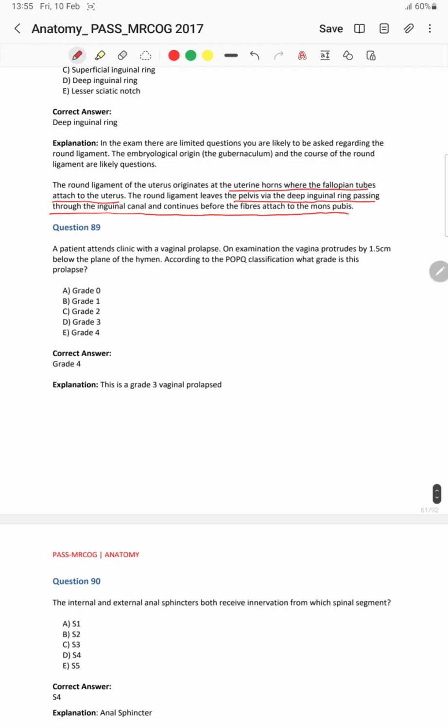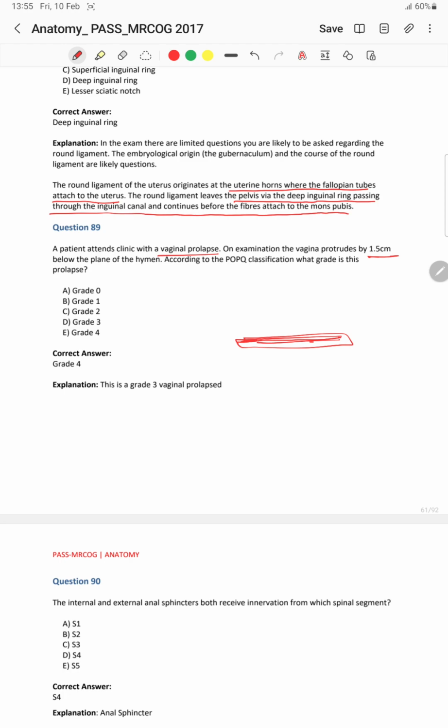Question number 89: a patient attends a clinic with vaginal prolapse. On examination, the vagina protrudes 1.5 centimeters below the plane of the hymen according to the POP-Q classification. What is the grade of the prolapse? We know that the hymen plays the important role in the POP-Q classification.